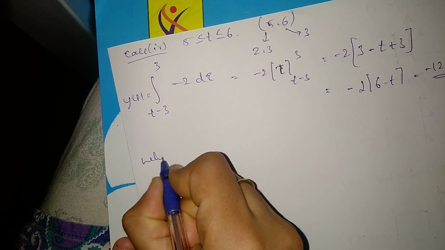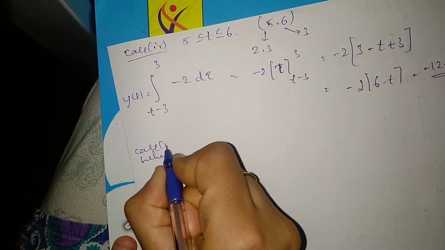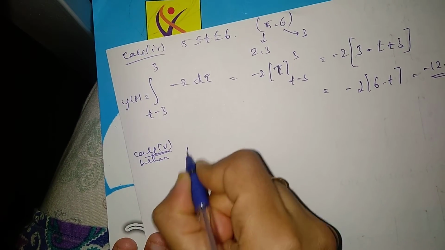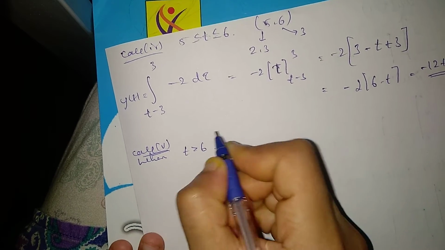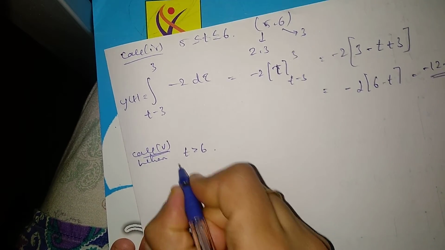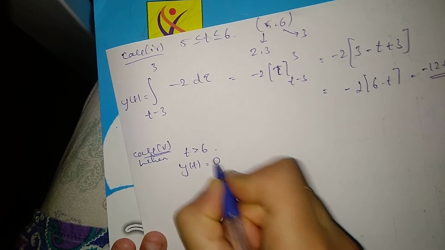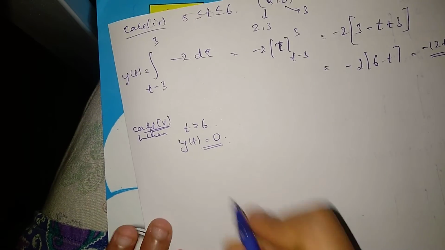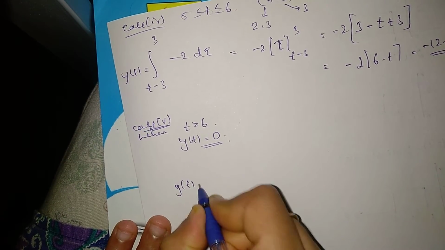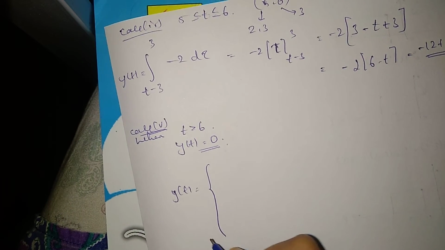What happens in case number 5, when t is greater than 6? There are no common values for the multiplication, so y of t will be 0. Now we need to summarize the values of y of t.